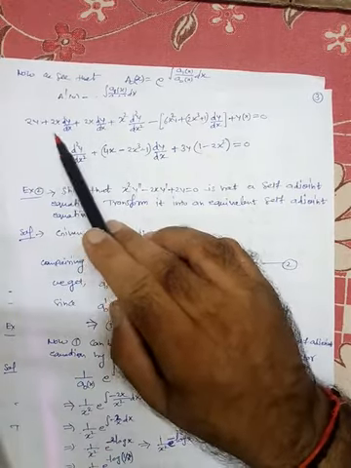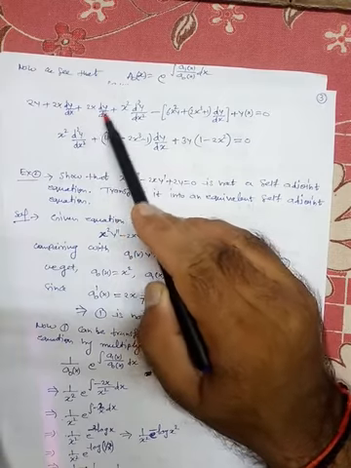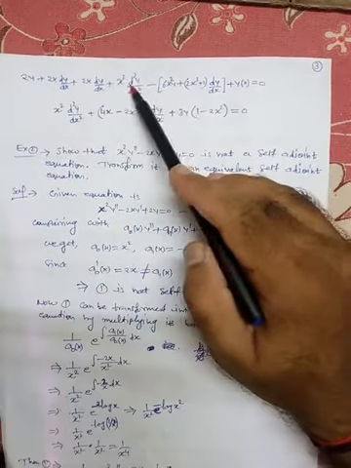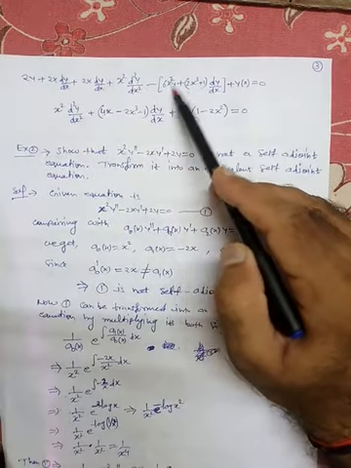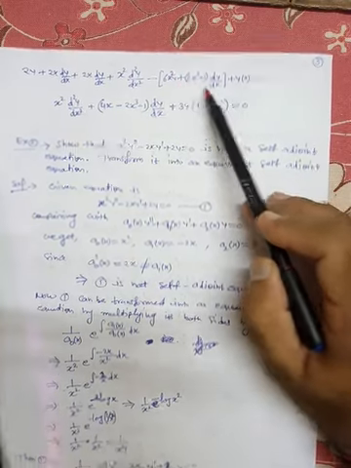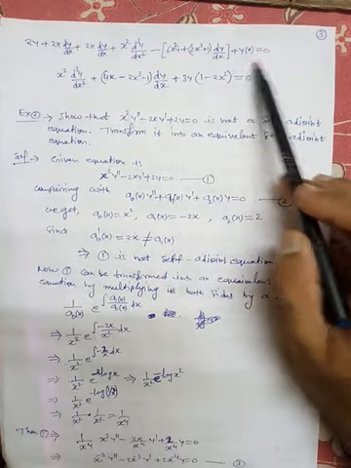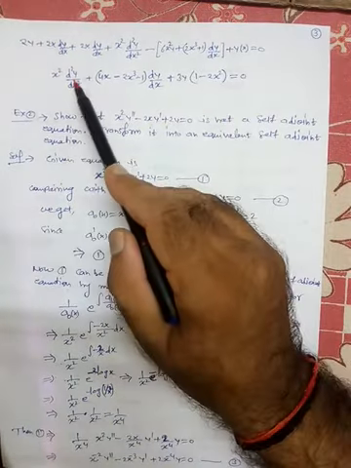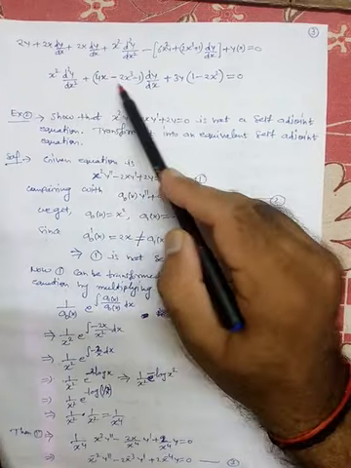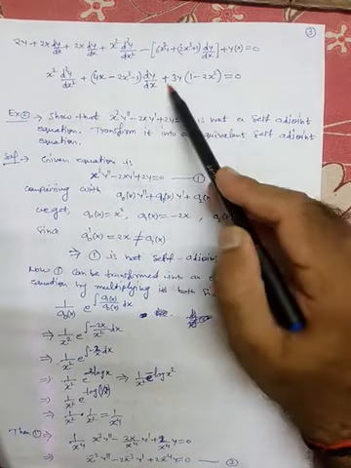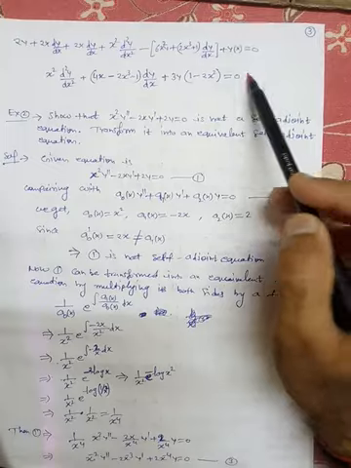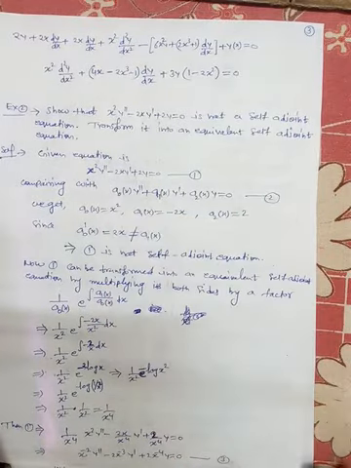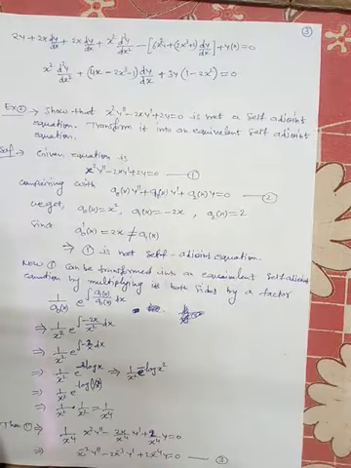So after differentiation we will get 2y plus 2x dy by dx plus 2x dy by dx plus x square d2y by dx2 minus 6x square y plus 2x cube plus 1 dy by dx plus y is equal to 0, which can be simplified and written as x square d2y by dx2 plus 4x minus 2x cube minus 1 dy by dx plus 3y, 1 minus 2x square is equal to 0. So this is the adjoint equation of the given equation.